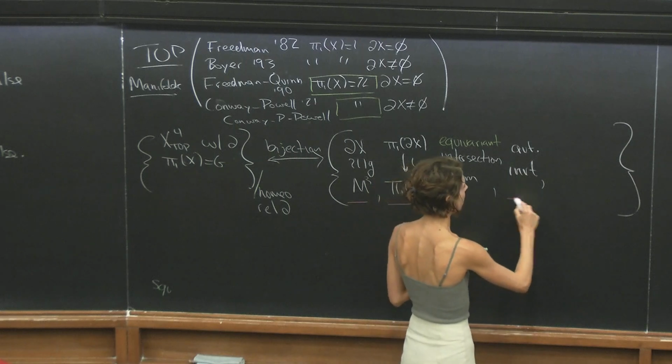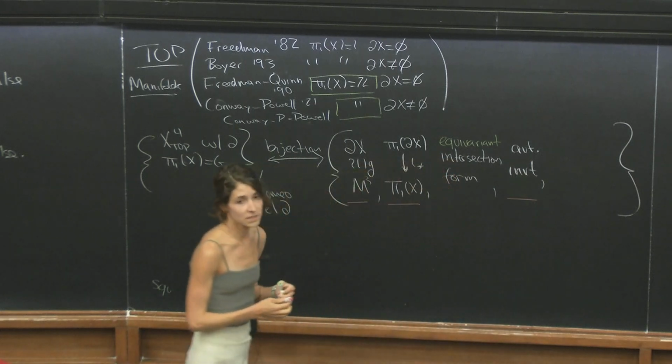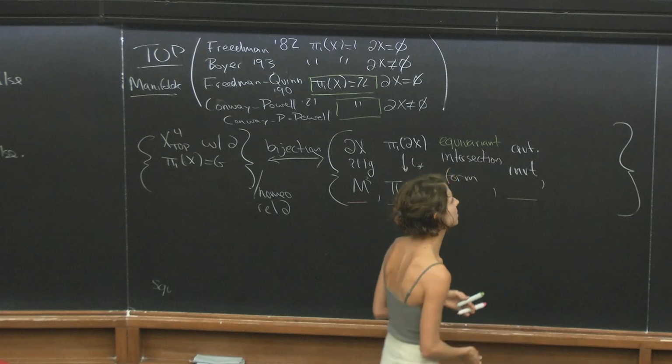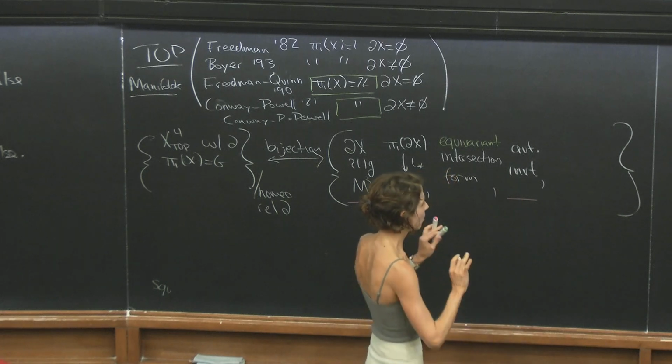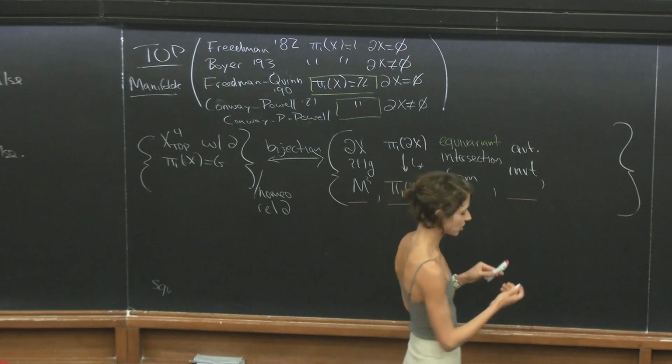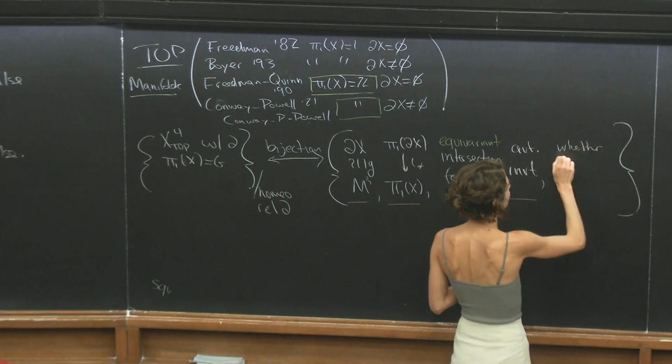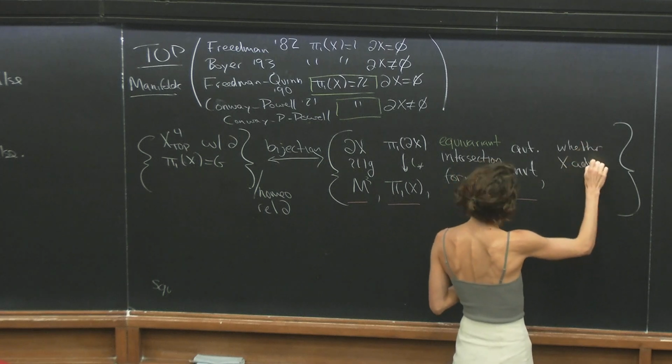This invariant also doesn't exist in the no boundary setting. And then the final invariant is a classical thing called the Kirby-Siebenmann invariant. Really loosely speaking, sort of topologically, you can think of this as measuring whether the manifold has a smooth structure.